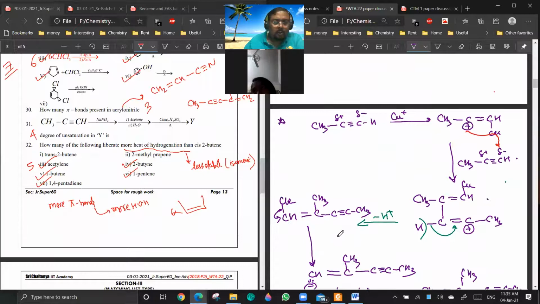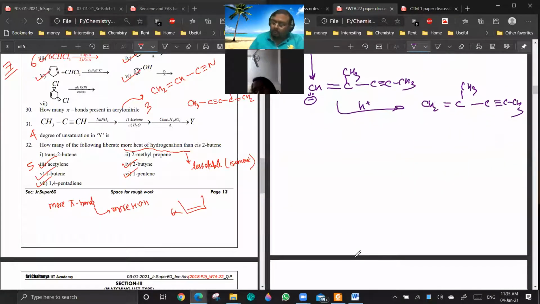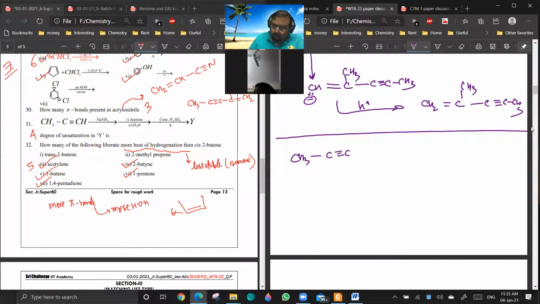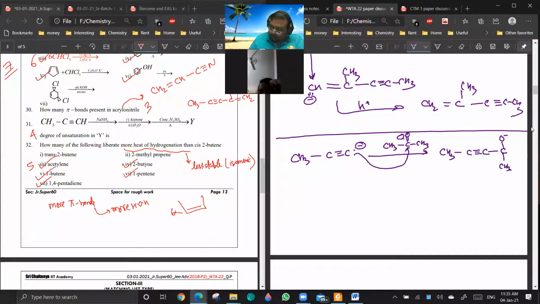Yeah, in 31, what is the issue? You see, first you'll be getting CH3 C triple bond C minus, and then it will be reacting with CH3 C double bond O CH3. So basically this will attack here and this will go like this. So you're getting CH3 C triple bond C C O minus CH3 CH3. This will take an H plus, so it will be forming basically OH here.